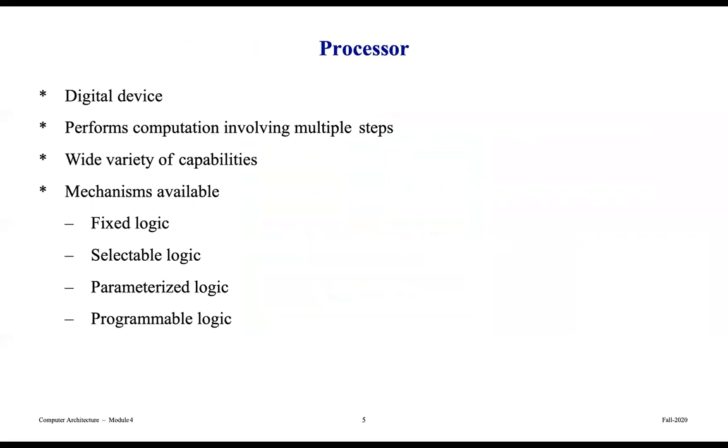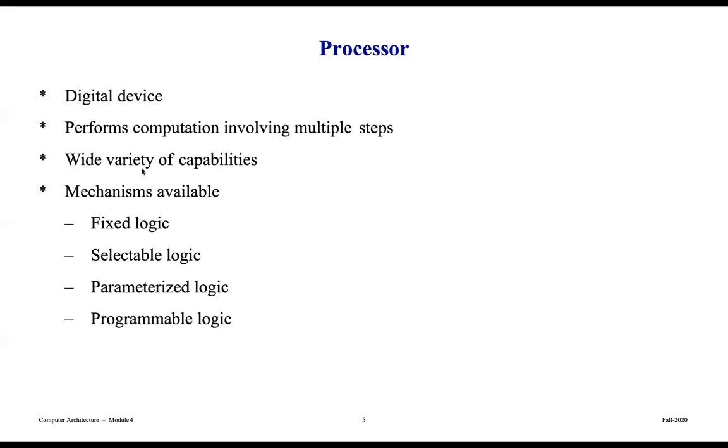The processor is a digital device, and remember, we just finished talking about digital logic. With all of the things we've thought about up to this point, this is what's in the processor. It performs computation involving multiple steps.